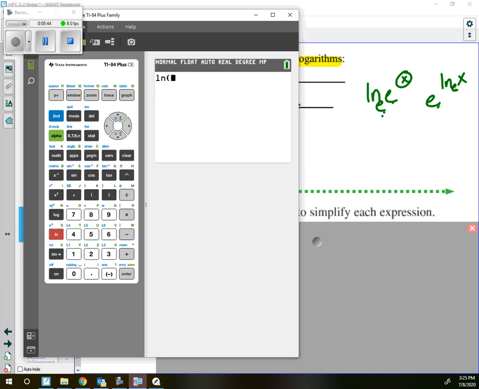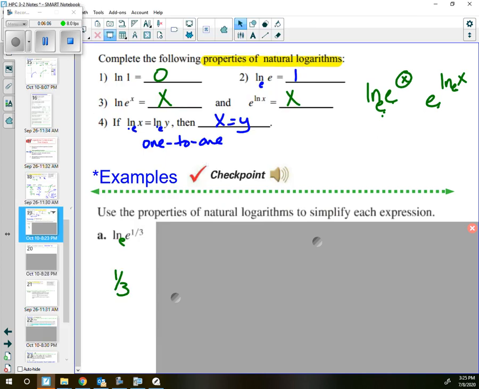So I could do natural log, base e, of e to the 1/3, so e raised to the 1 divided by 3, and take a peek at my answer here. 0.3333 repeating, that's 1/3. So you can double check, but the goal here is that you don't have to type them on your calculator, that you know what's happening by the property.